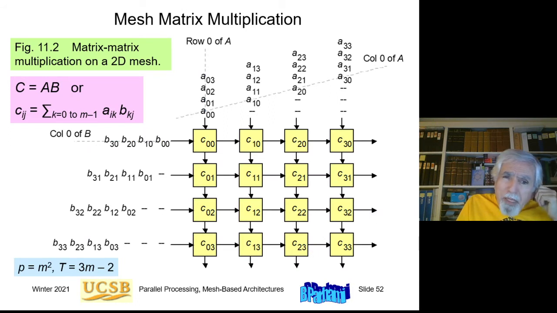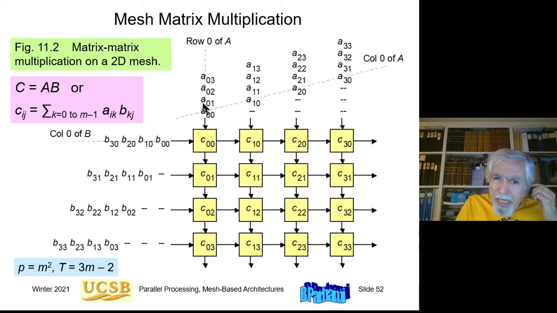Now matrix by matrix multiplication can be derived from the previous architecture quite easily, because if you multiply matrix A by matrix B to derive matrix C, a particular column of matrix C is equal to A multiplied by the corresponding column of B. So A multiplied by column 0 of B gives you column 0 of C. Multiplied by column 1 of B gives you column 1 of C, and so on.